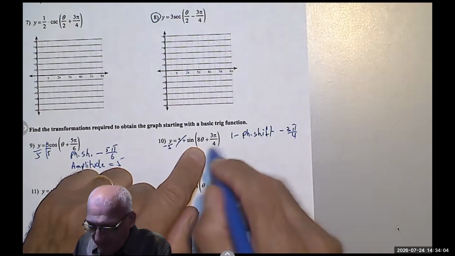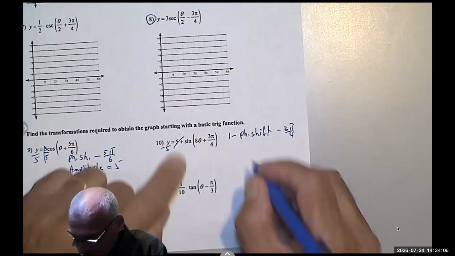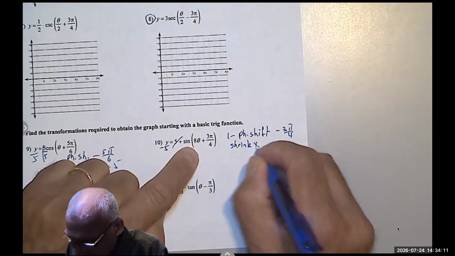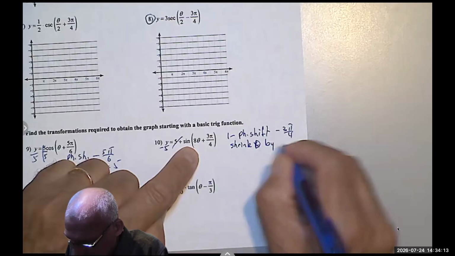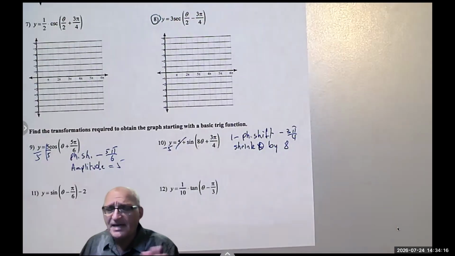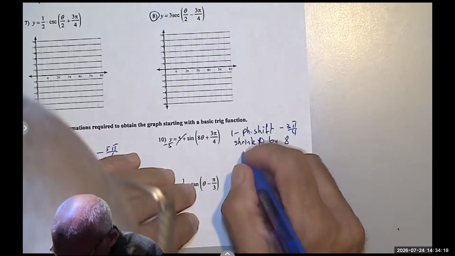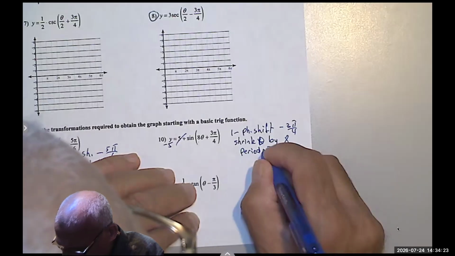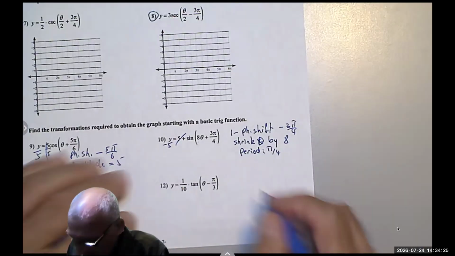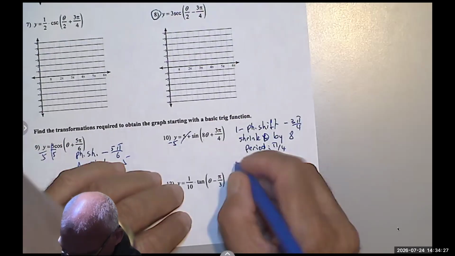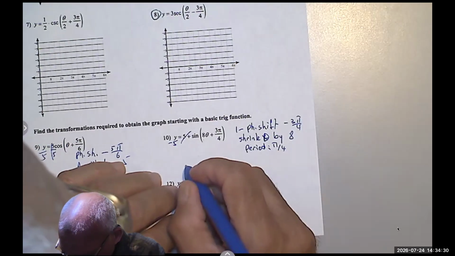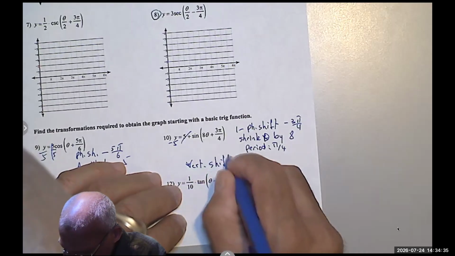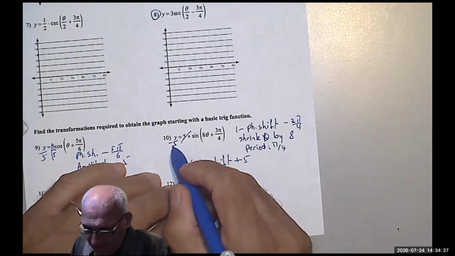Then my shrinking of x or theta by a factor of 8. Notice if you shrink by 8 and it was 2 pi, meaning now the period would be pi over 4 because you divided by 8. And then also you had a vertical shift of positive 5. You have to add it to make it y.